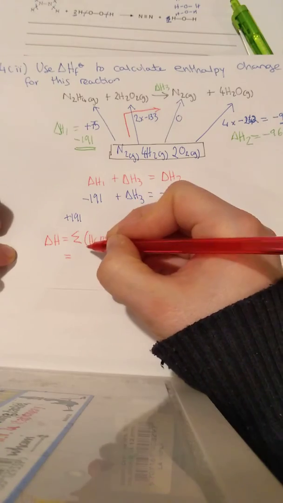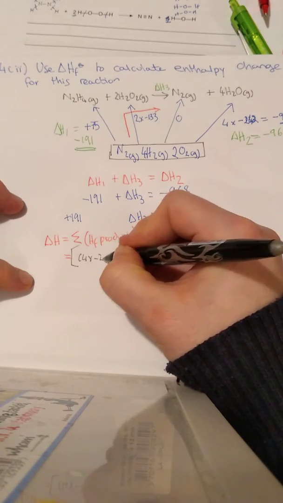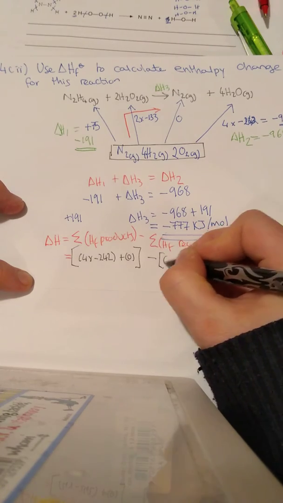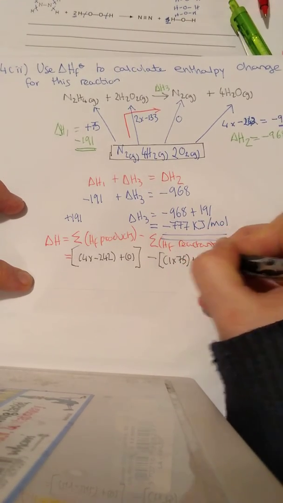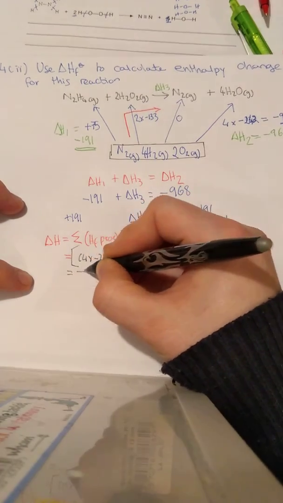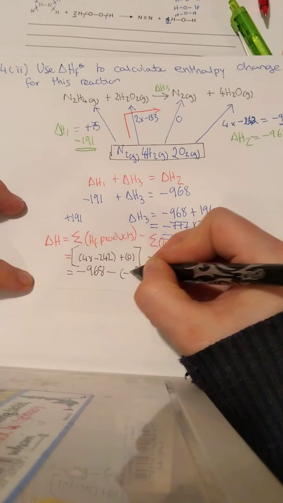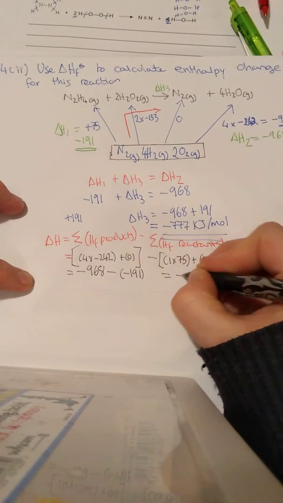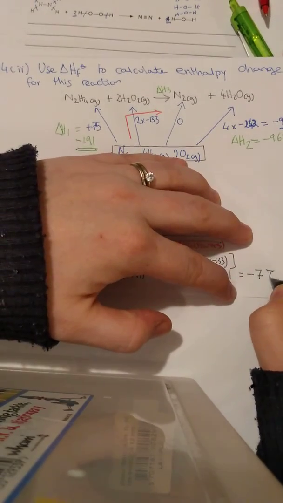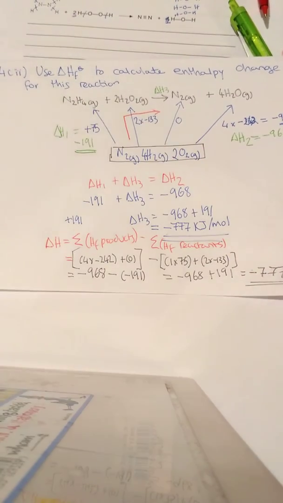And if we input all these numbers, we get 4 times minus 242 plus 0 minus 1 times 75 plus 2 times minus 133, which gives us the same number as working with minus 968, take away minus 191, which is the same as minus 968 plus 191, which equals minus 777 kilojoules per mole. They were happy for this question for either method to be used.